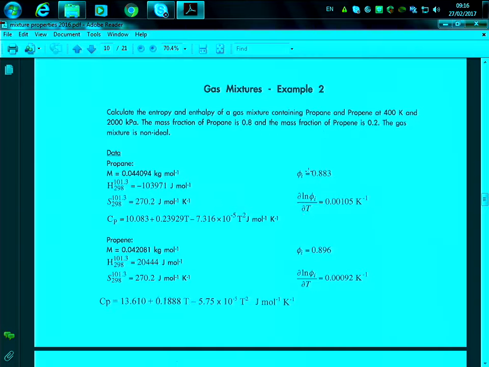For the propene, again, we have found the molecular weight, the enthalpy, and the entropy of the propene. And we're given the factors that account for the non-ideality of the system, as well as an equation which relates the heat capacity to the temperature.